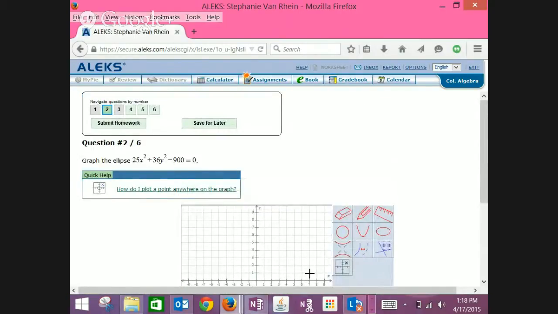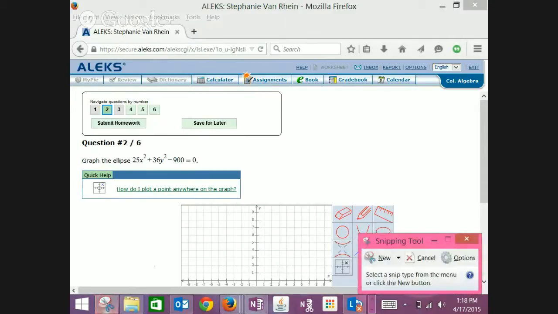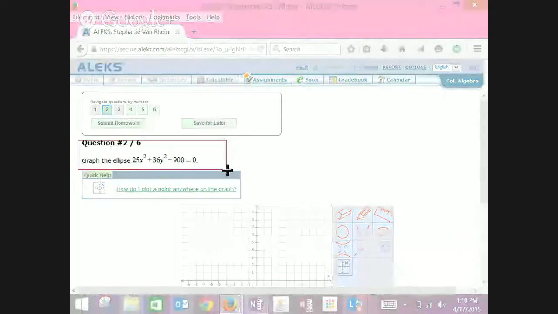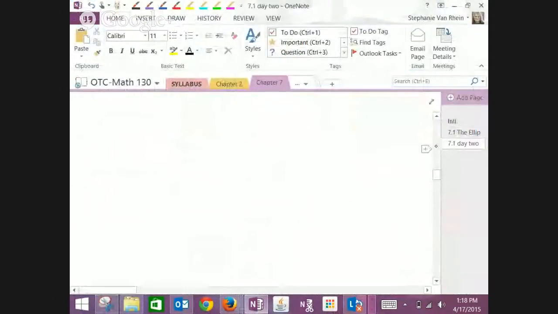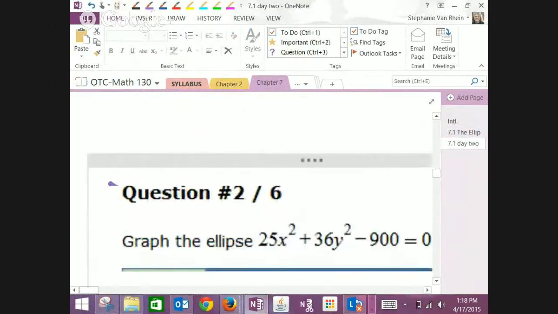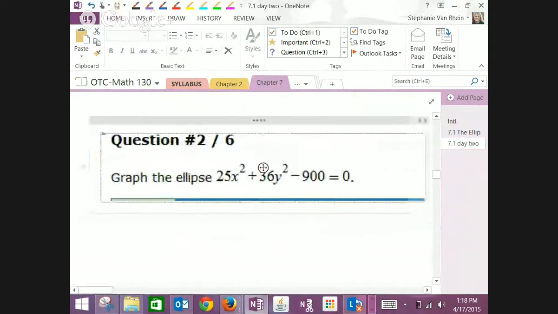Here, it's going to ask you to graph it, so the first thing you need to do is put it in standard form. How would I put this in standard form?